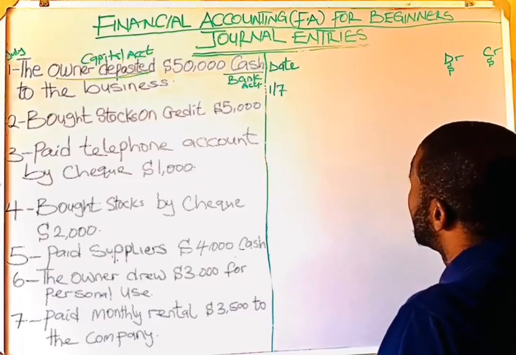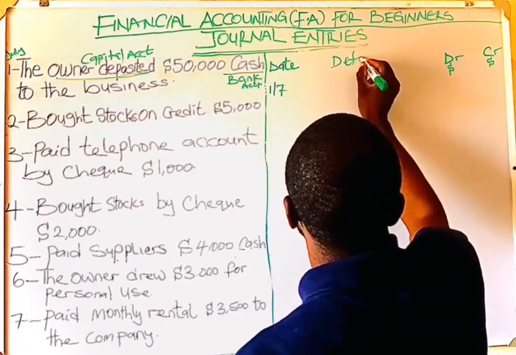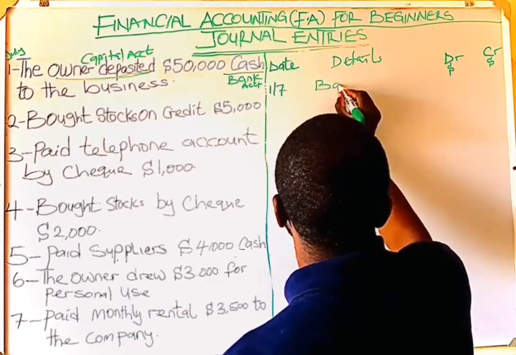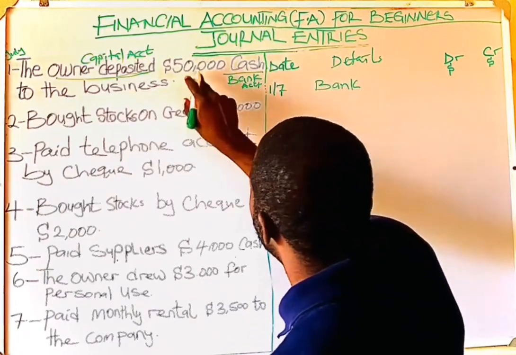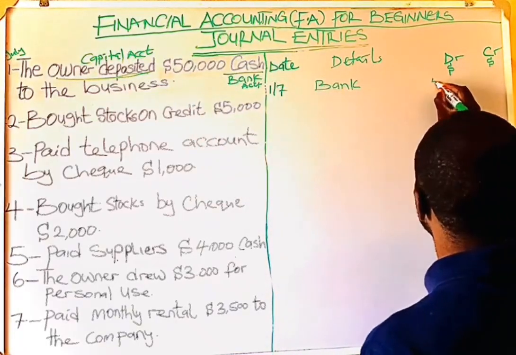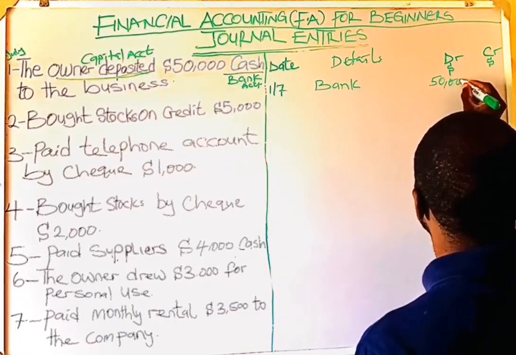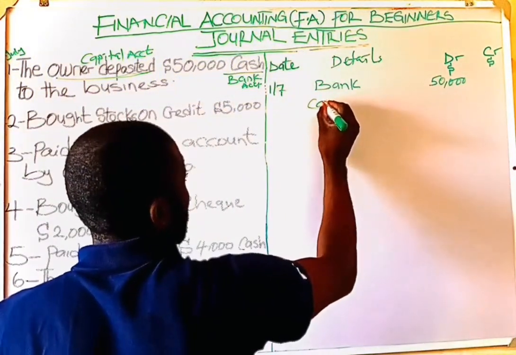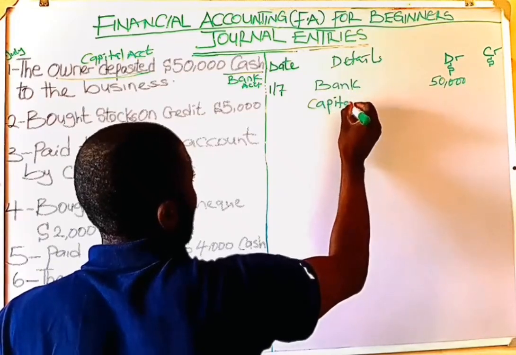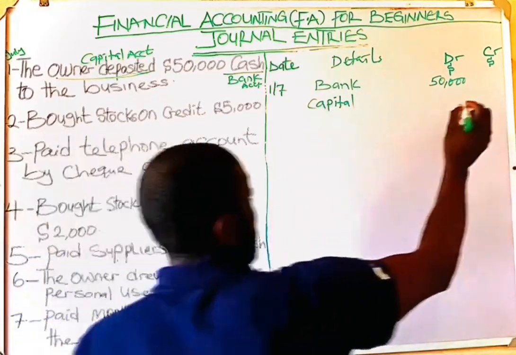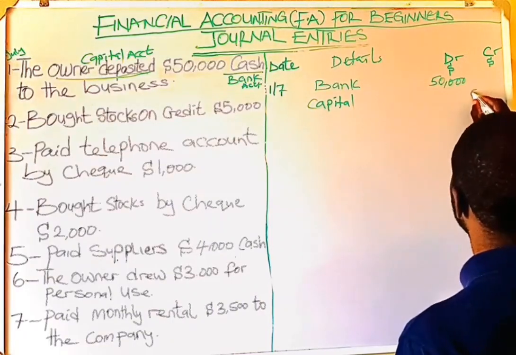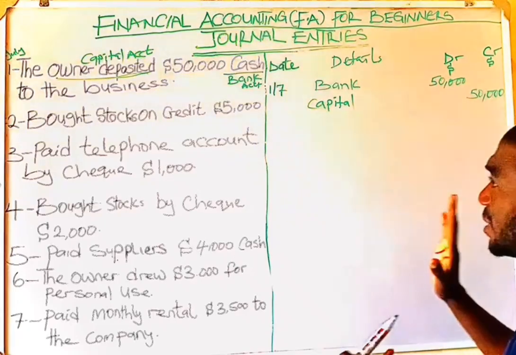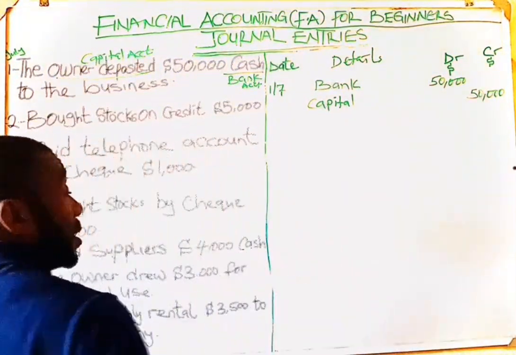Let's put the details: bank, $50,000 debit. Then your second account is the capital account, which is the same amount, $50,000. This is how to enter your transaction in the journal.